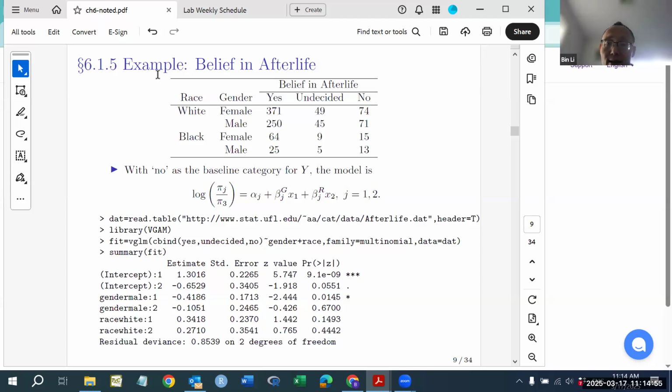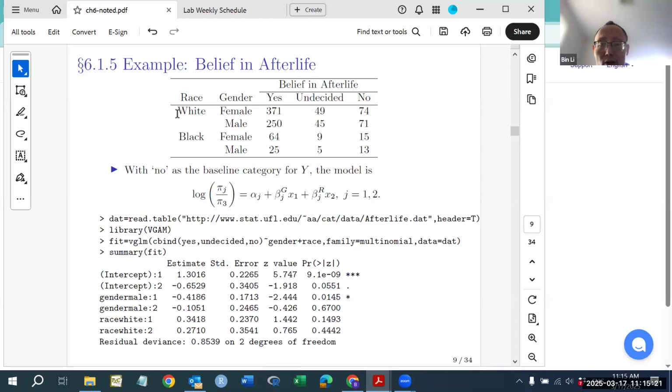So this is the data set. Here, yes, undecided, no. Of course, we don't see a very clear ordering relationship. Sometimes we can treat it as ordered, but here we don't see such clear patterns, so we can treat the response as unordered.